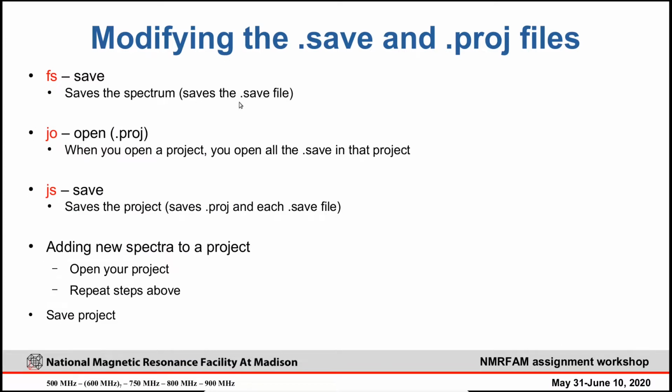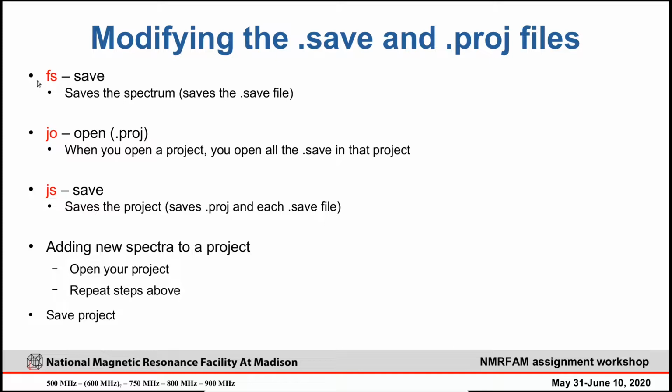So these are the things that we already done. Save the spectrum and open a project, save a project, and then we can open new spectrum in the project we already generated. So it's basically the same thing. So basically when you open save file, FO and then save it, so these are the two letter codes that we have done.